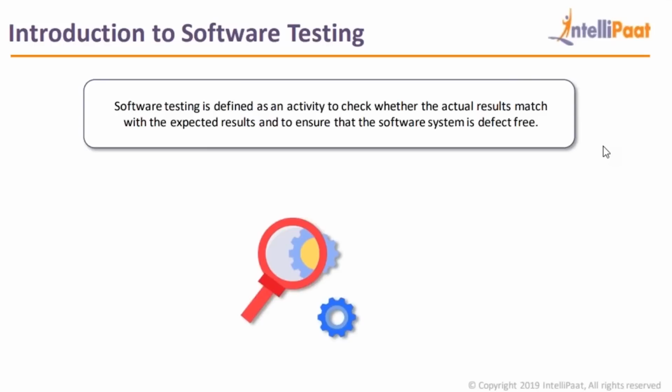If there was a release that was planned on a certain date, because of testing, because of back and forth between the development and the testing team, it used to take a lot of time, and hence the deadlines were not met, right? So these were some of the problems that were there in the software industry prior to software testing becoming itself a domain and being so popular in the industry, right?